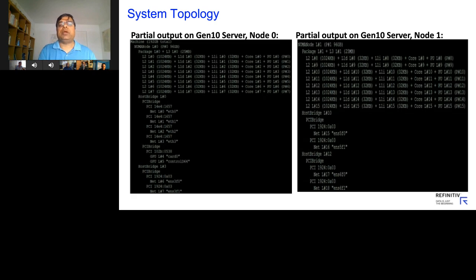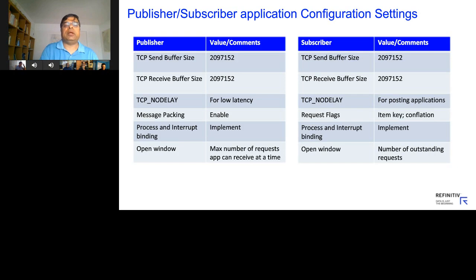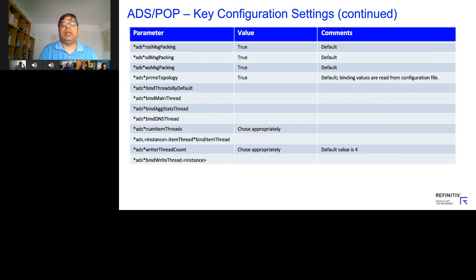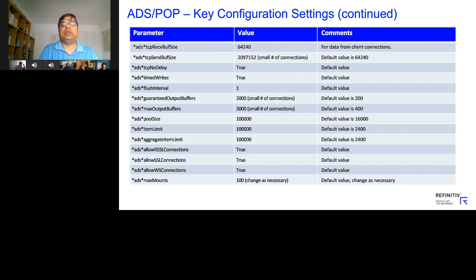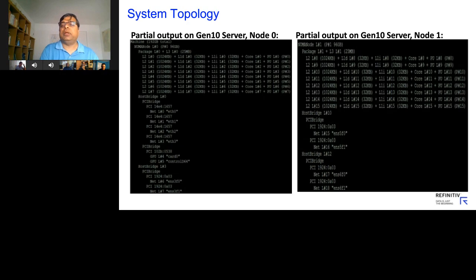I'm showing a partial output of the lstopo no graphics on the Gen 10 server. So you will see on node 0 what CPU cores are there, and which NUMA node the NIC is associated with. So that will be helpful when you do the binding.